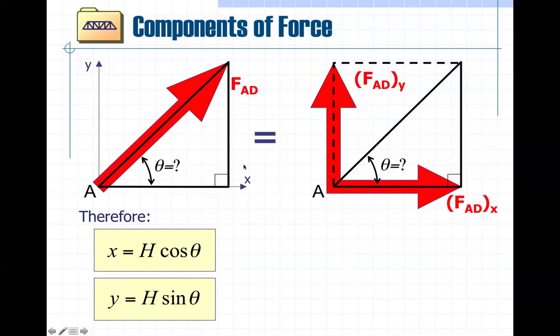Right. So now I know that the vertical component of force AD is equal to the force itself, the hypotenuse, times the sine of this angle, which in this case is 45 degrees.